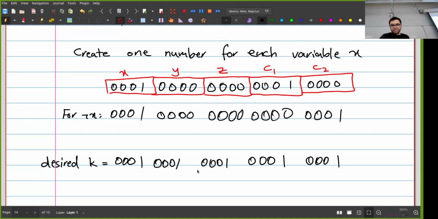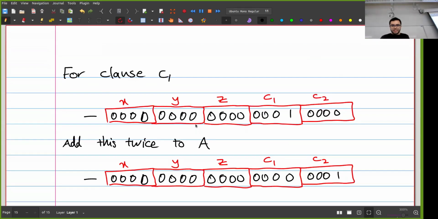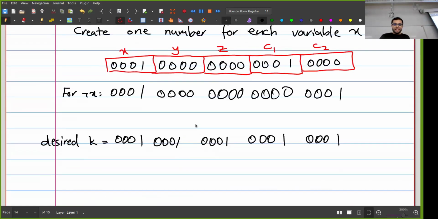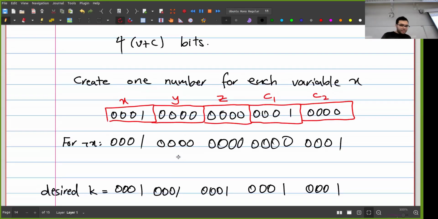I have to satisfy each clause at least once, right? But if it doesn't satisfy a particular clause, it will never give me this. If it satisfies a clause in more than one way, it will give me, let's say, a 2 or a 3 here. But then I have 2 copies of this negative number that can be added to cancel out the extra things that I added for this clause, so that I can get the same sum. So this is a valid reduction.